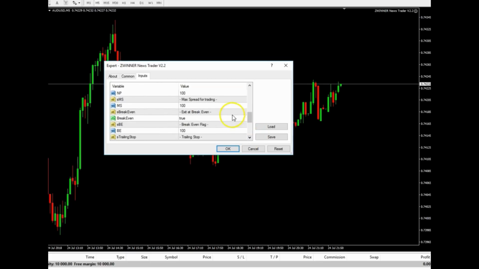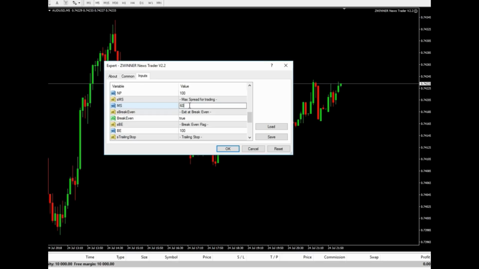And maximum spread for trading. Sometimes the brokers increase the spreads too high, so that's not profitable. By default it is set at 10 pips maximum, but I'm going to make it 6 pips.